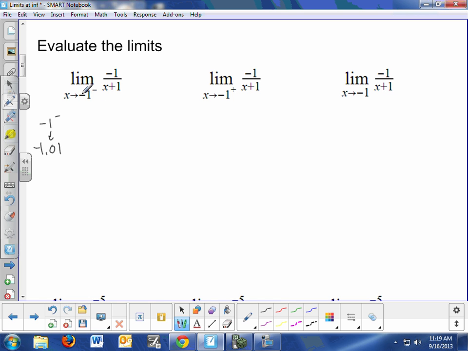So, to find this limit, I'm going to plug this in for x, similar to how we were finding the easy limits, where we could just plug in our values. Well, this is kind of like -1 divided by something really, really close to -1, but just a little bit smaller.